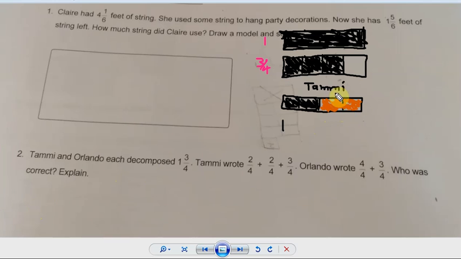So that's 2/4 here plus the 2/4 over there. And then finally, she added a 3/4 to that. So let's draw our 3/4. We divide this up into 4 equal pieces, and we're going to shade 3/4 of it.